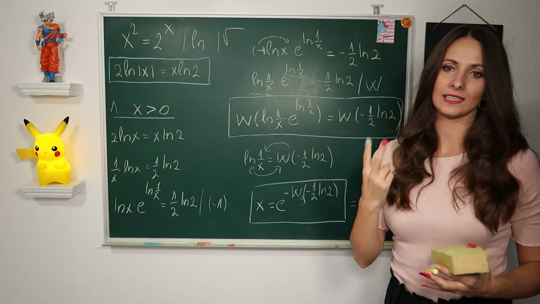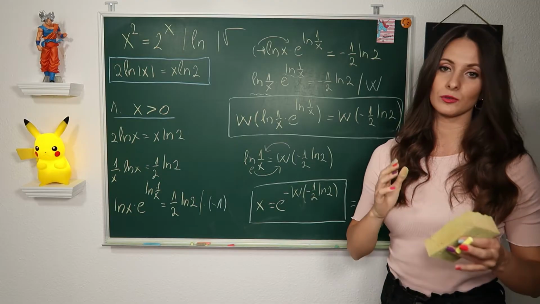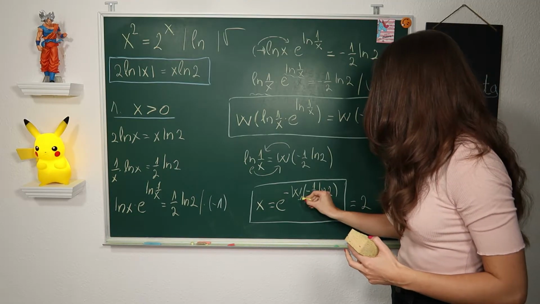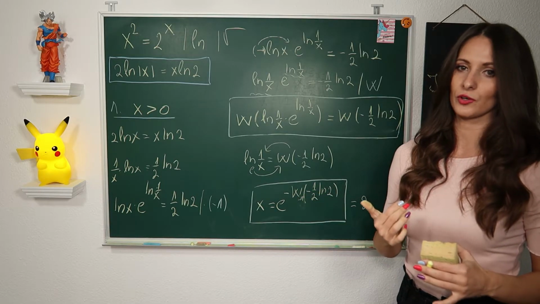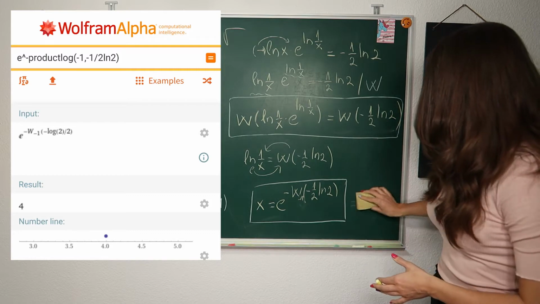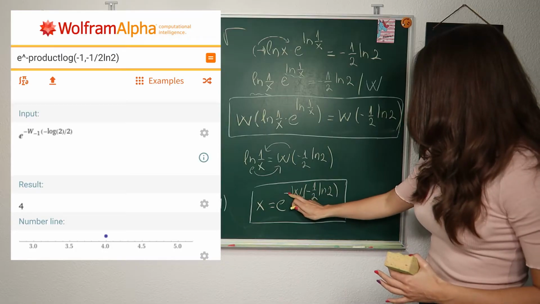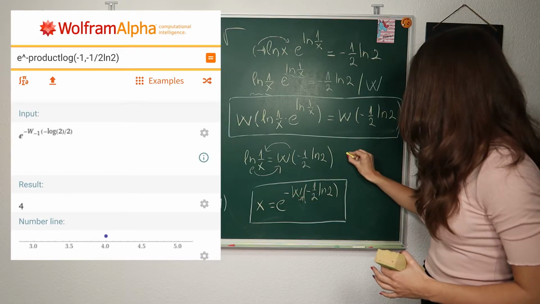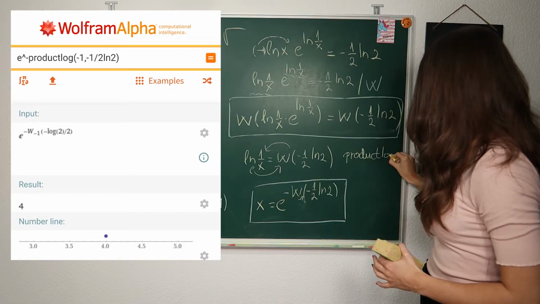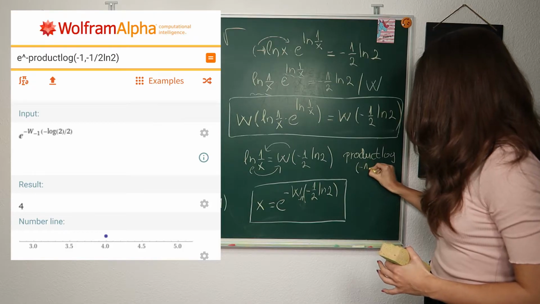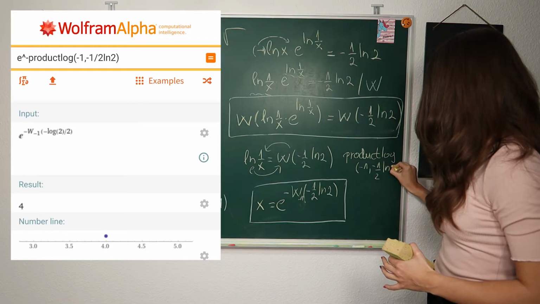And how can you get the second solution? We said we are considering just two branches, W sub 0 and W sub -1. The second expression you can also get using Wolfram Alpha. You have to enter something a little bit different. Instead of this here, you will have to enter product log of negative 1 and this here, negative 1 over 2 ln of 2.